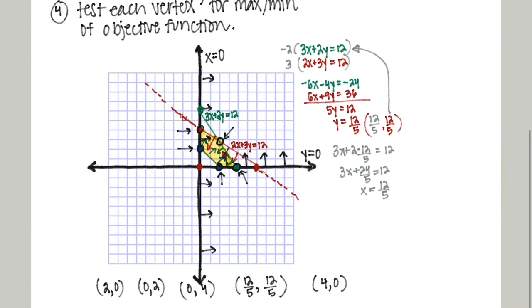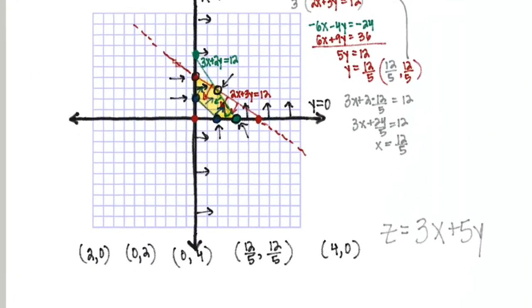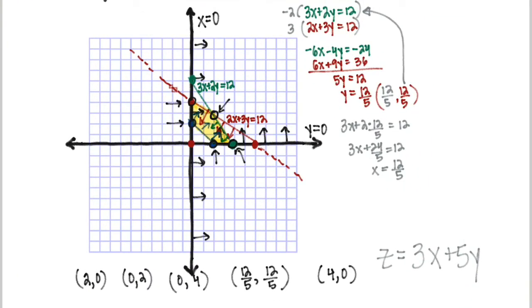So that objective function is z equals 3x plus 5y. So we're going to take our first ordered pair, z equals 3 times 2 plus 5 times 0, and that gives us 6.